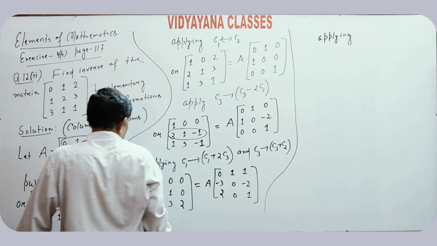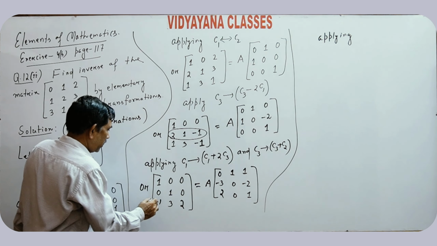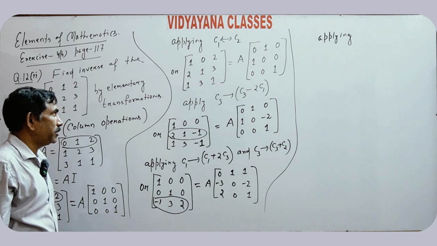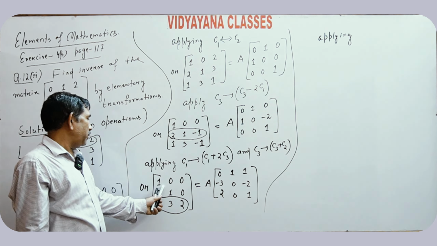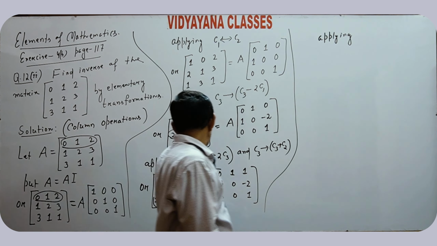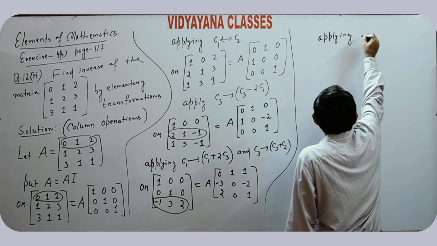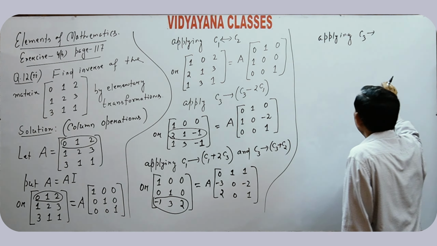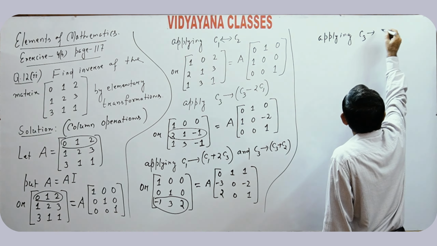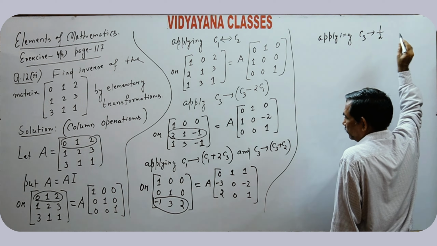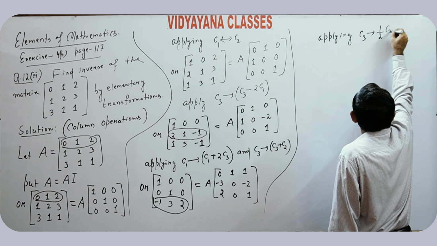Now we will change the elements of row 3 as 0, 0, 1 without changing the elements of row 1 and row 2. Applying column operation, C3 is replaced by 1 by 2 C3.